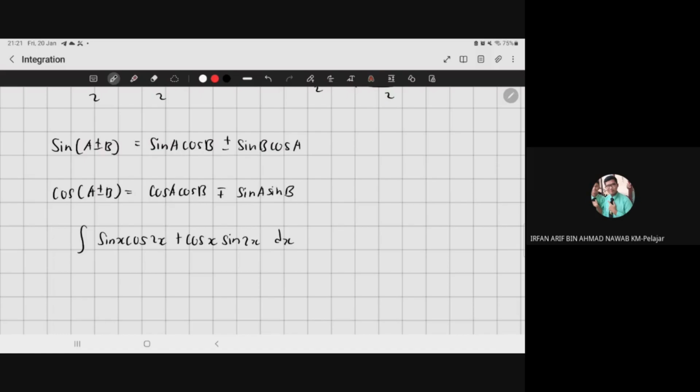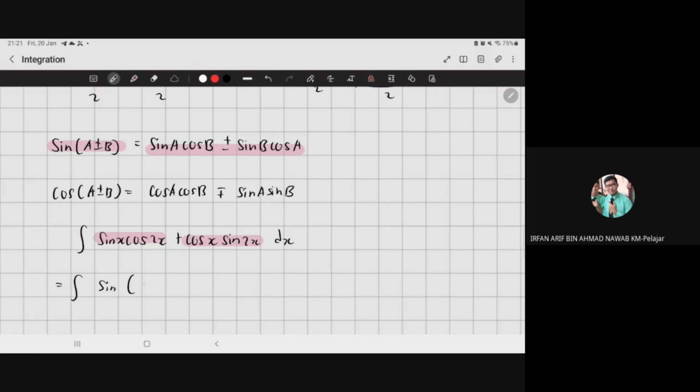If we refer to the formula, you could recognize which compound angle you'll be using. It's very similar to our compound angle for sine here, so just refer to it and apply it.